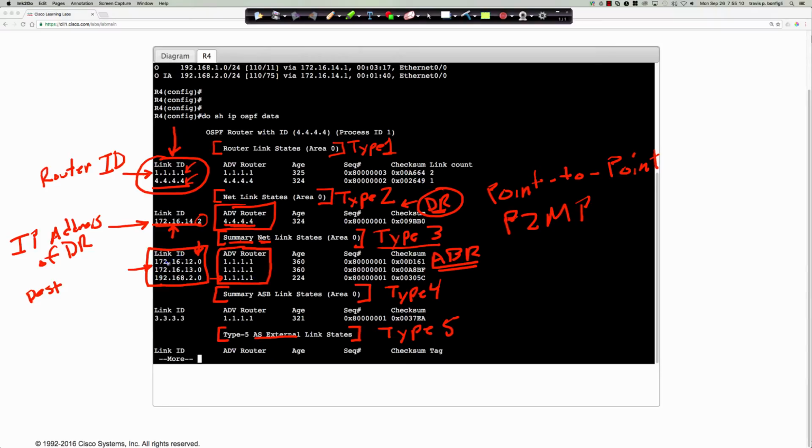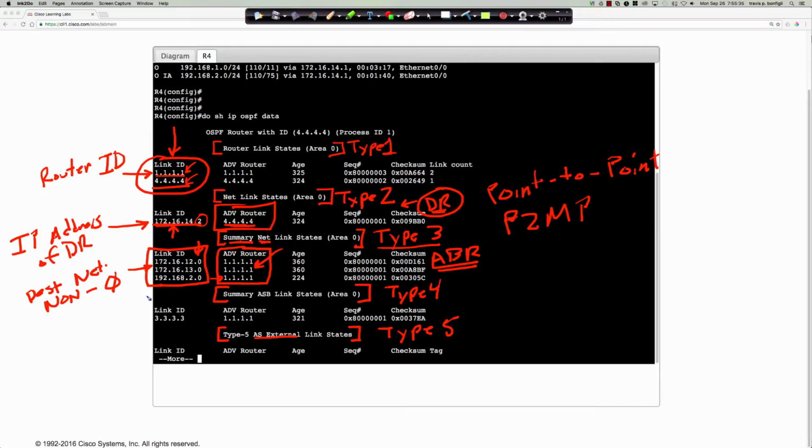So these are networks that are not in area 0. And in order for me to get to those networks, I need to get to 1.1.1.1. Well, do I have a link to 1.1.1.1? Yeah, here's the router LSA right there. I know exactly how to get there, right? So this is a destination network here. And I'll just put destination net, and it's non-area 0, right?